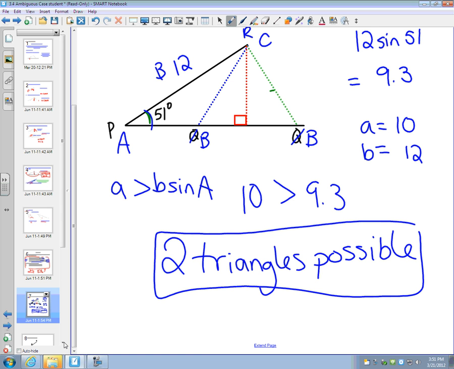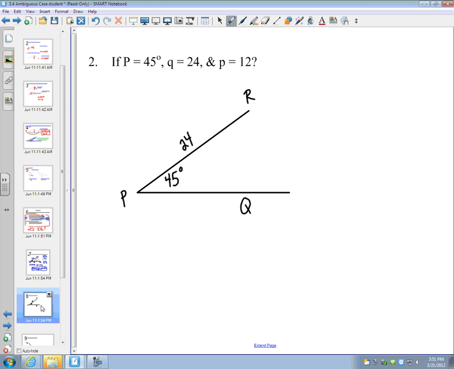Next up, it says if P equals 45, Q equals 24, and P equals 12, again, how many triangles are possible. So let's rename this.